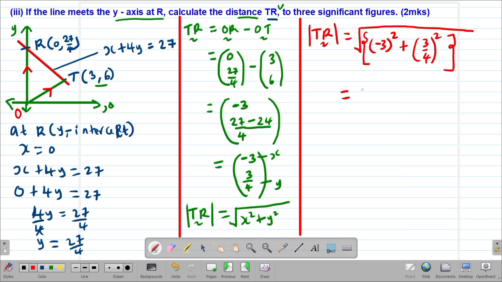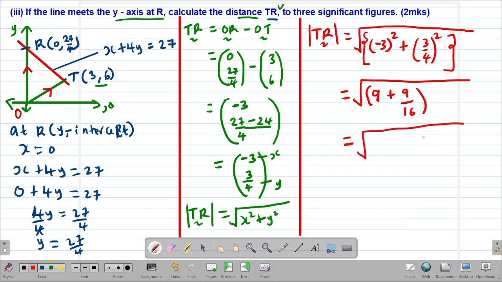This will be given by the root of negative 3 squared, which gives a positive 9, plus 3 squared, which is 9, over 4 squared, which is 16.